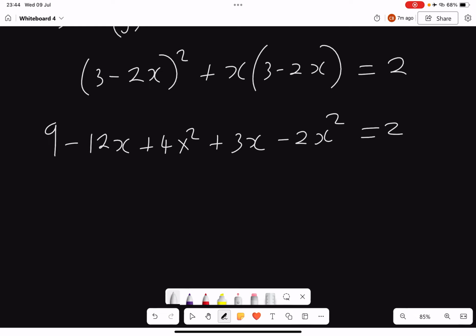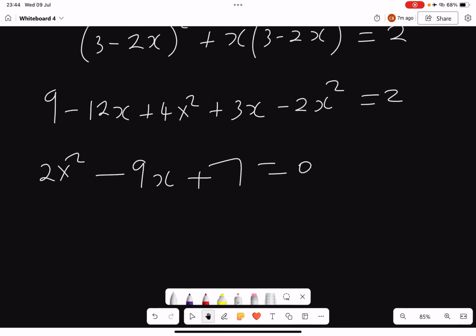We are going to be left with 2x squared because this one and that one go together. Then we're left with minus 9x because this one and that one go together. And then we're left with plus 7, because this one will be subtracted by that one, which equals 0.